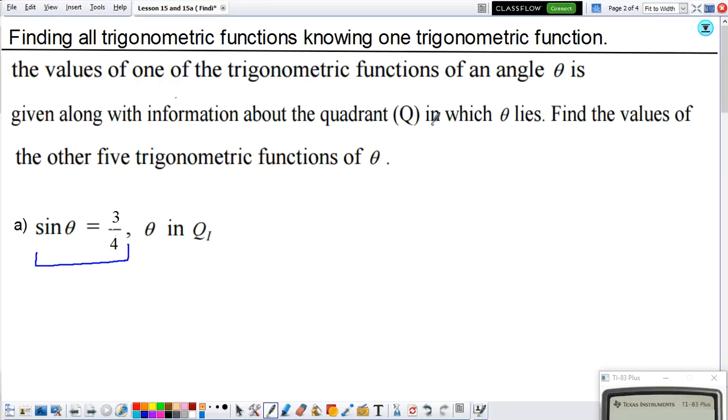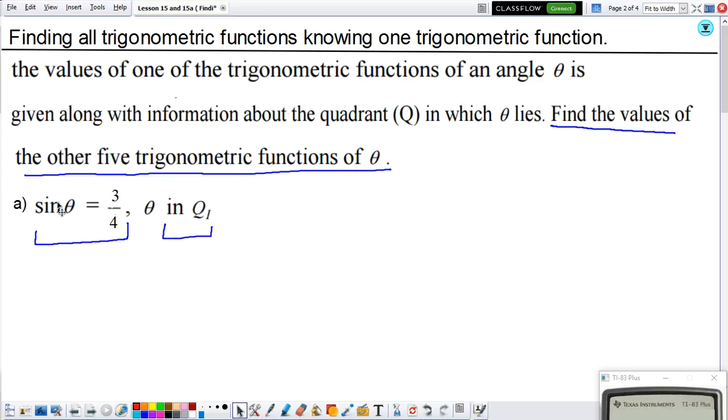They're also giving us the quadrant where our value is located. Here it's telling us this is the first quadrant, Q1. So they're giving us the function and where it's located. Now we need to find the values for the other 5 trigonometric functions.